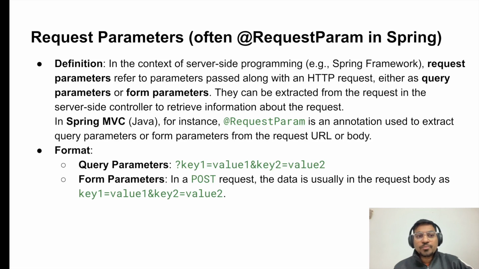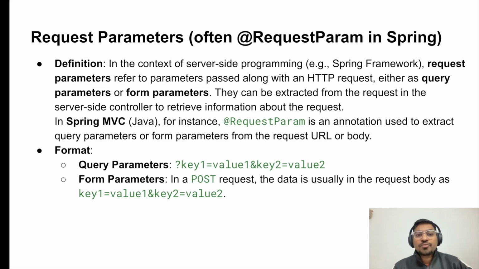Now one more important thing is request parameters, which are often known as @RequestParam in Spring. What is Spring? It is a Java framework. The definition: in the context of server-side programming, for example the Spring framework, request parameters refer to parameters passed along with an HTTP request, either as query parameters or form parameters.